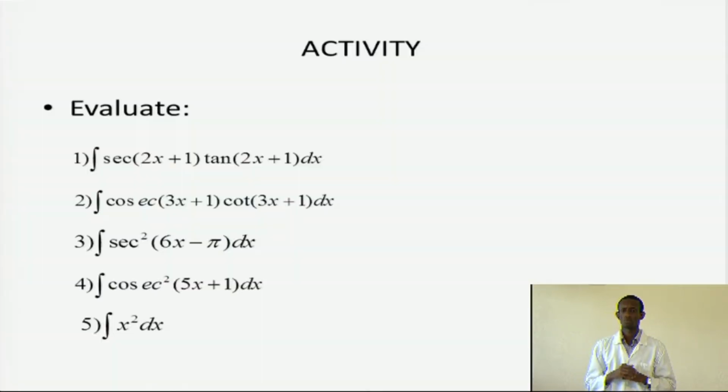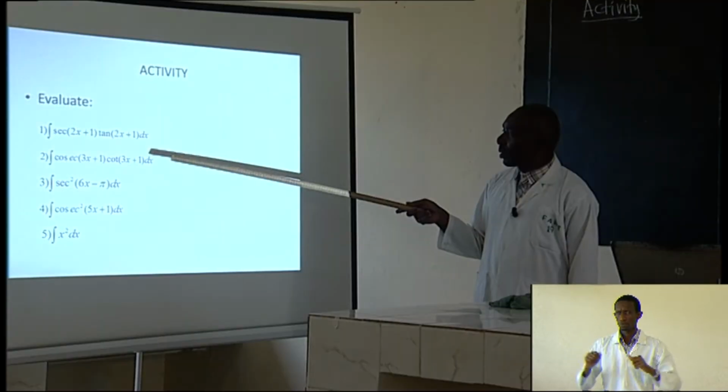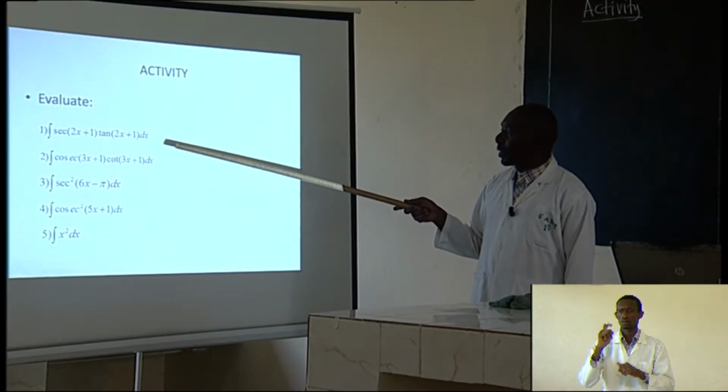Here you are. Please take your exercise book and your pen of course. Then work out these integrals. Number 1, you evaluate the integral of sec of 2x plus 1 tan of 2x plus 1 dx.